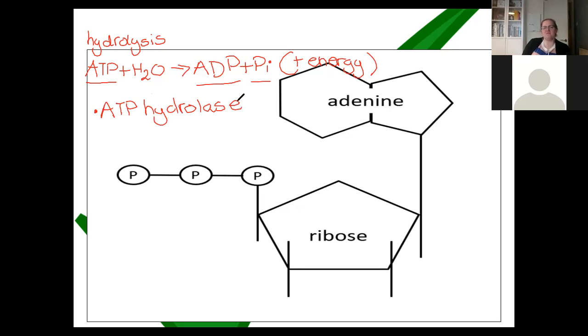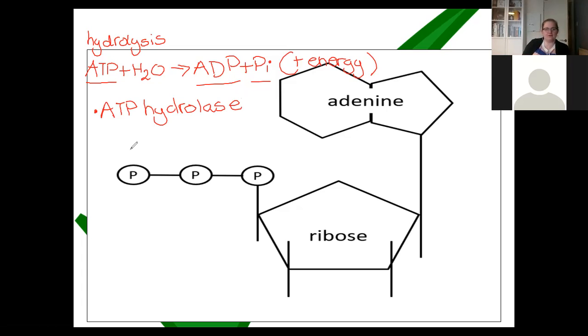ATP hydrolase catalyzes this reaction. It breaks ATP down with the water molecule to form ADP plus Pi plus energy. So energy is released during hydrolysis of ATP as one of the phosphate bonds is broken.